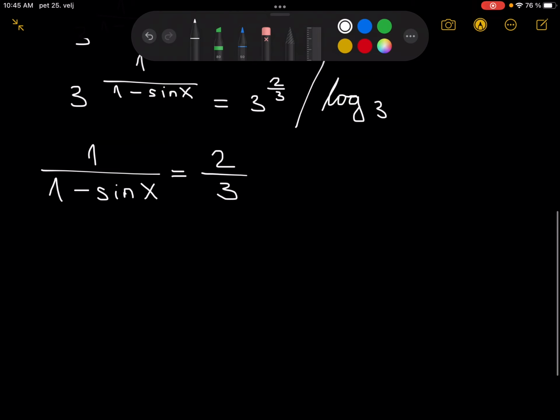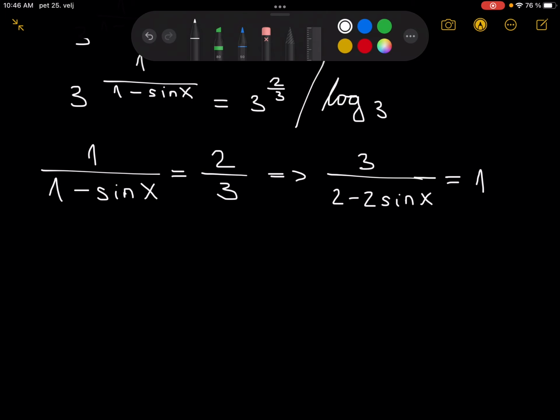So from here, by cross multiplying, we get that 3 over 2 minus 2 sine x is equal to 1.